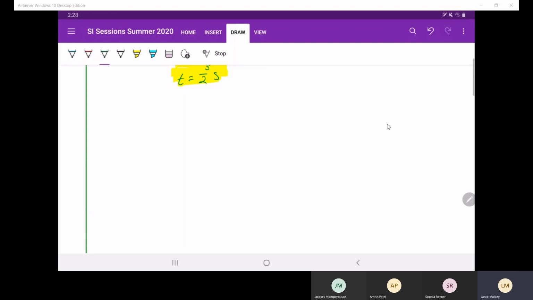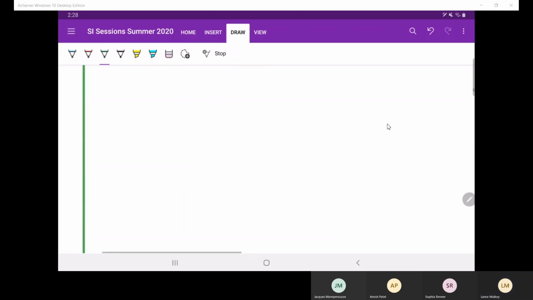Let's do this one. Y'all probably seen this one on your homework. I don't like that color.